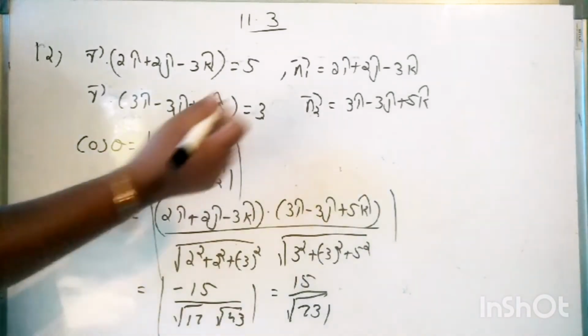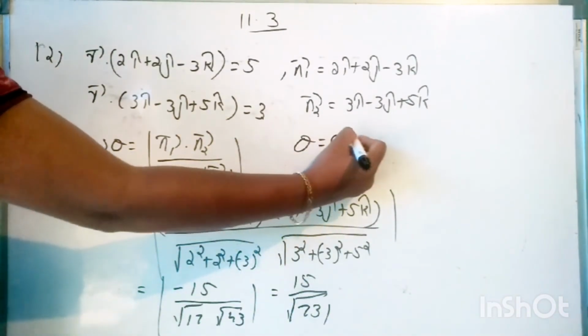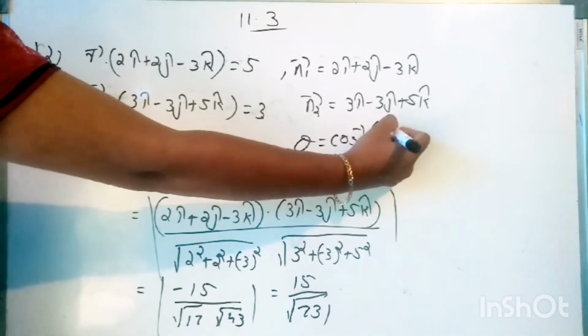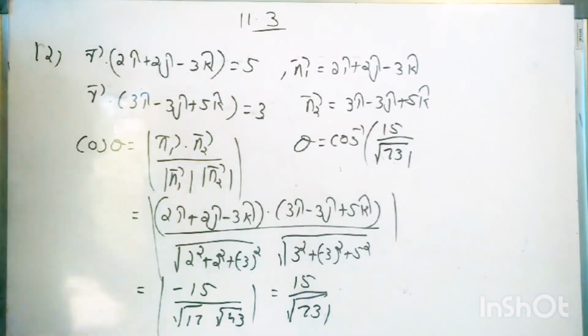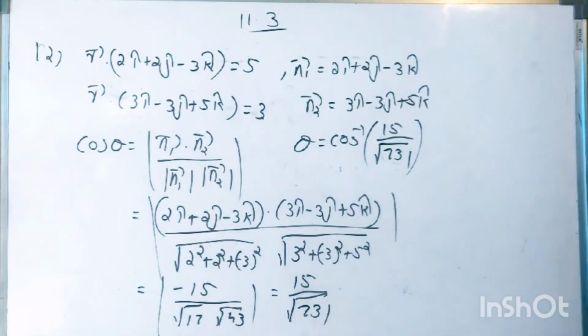That is cos theta. Then theta is equal to cos inverse of 15 divided by root 731.